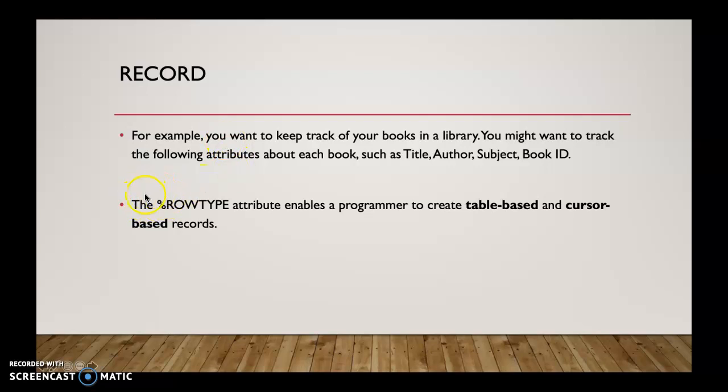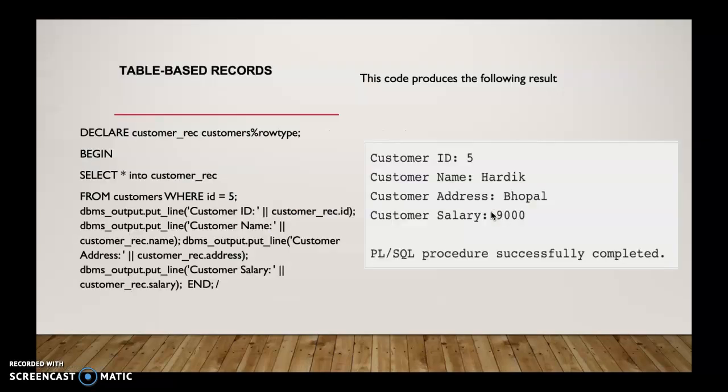So we use this row type to look for it, and we use it in different ways. It will tell us like this, like table-based records. In this case, it declares what customer is using that book.